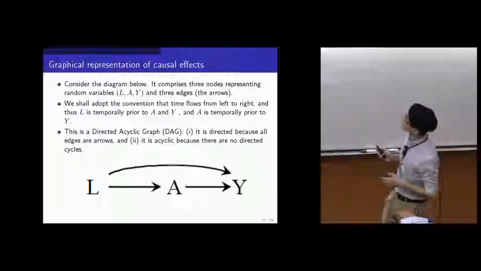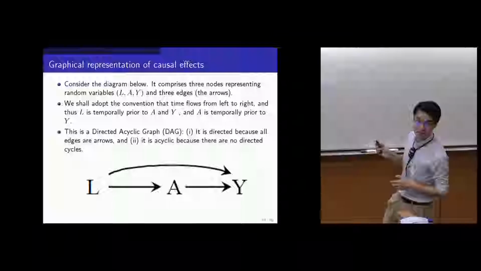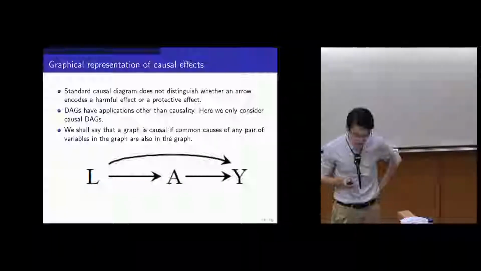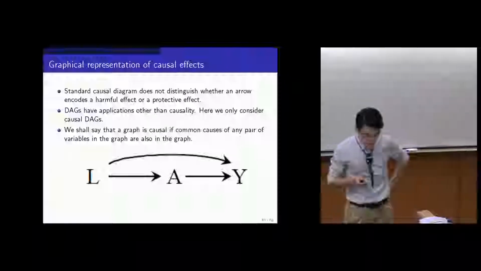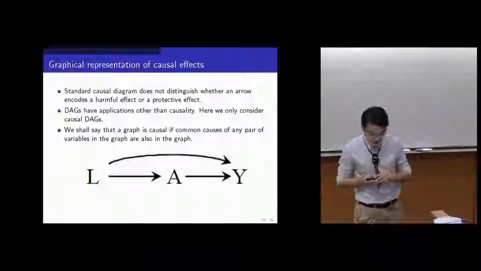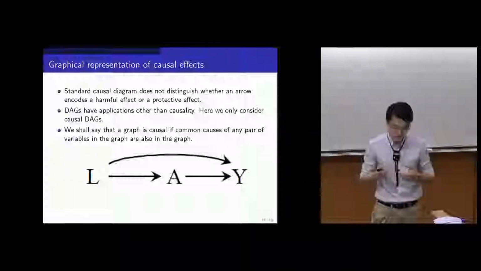But clearly this is not so, and we have a DAG diagram here. So notice that the standard causal diagram does not distinguish whether an arrow encodes harmful or protective effect.